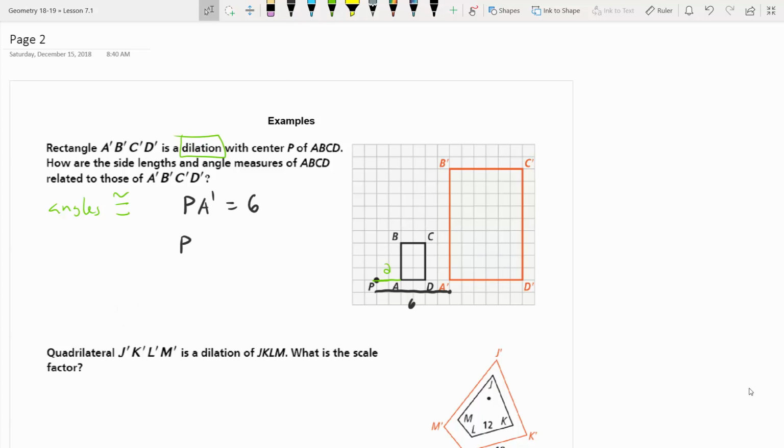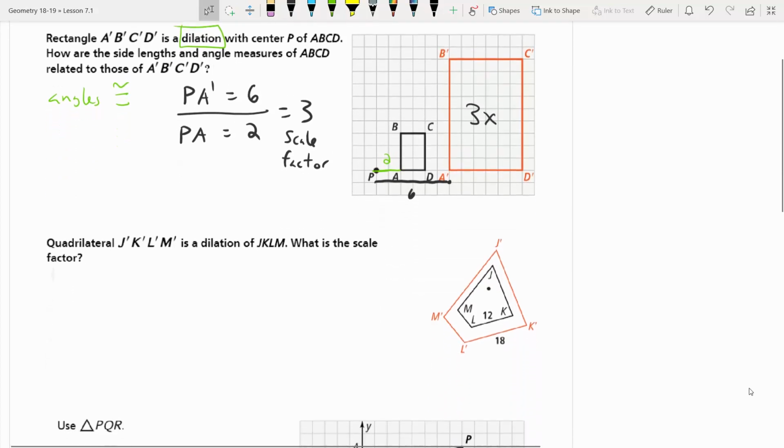From P to A was a value of 2. If I divide those, that's going to give me my scale factor. So in this case, 3 is my scale factor. So the difference between ABCD and A prime, B prime, C prime, D prime is that this one is 3 times larger because the scale factor was 3.